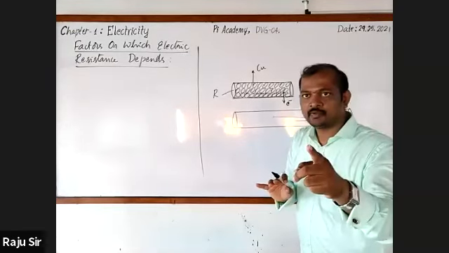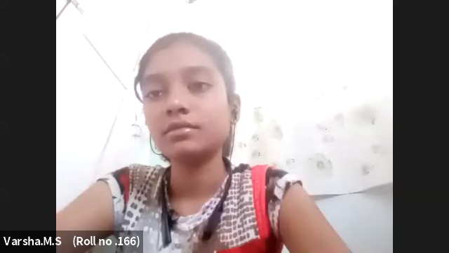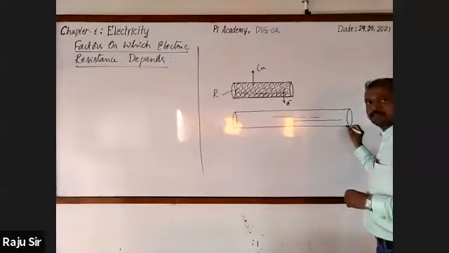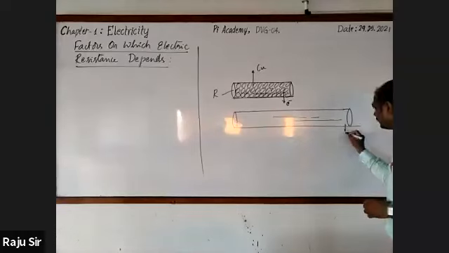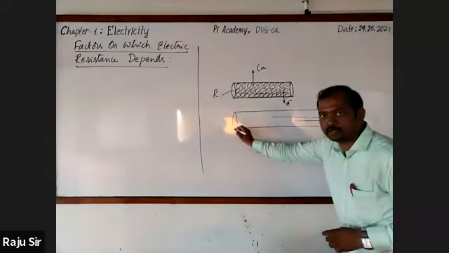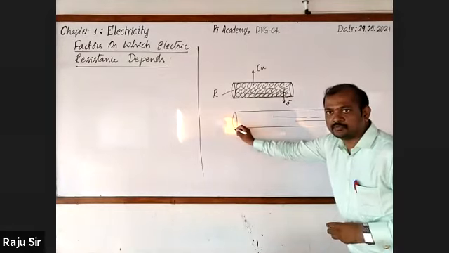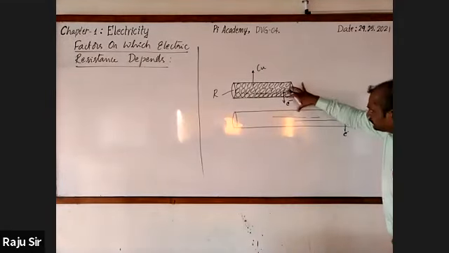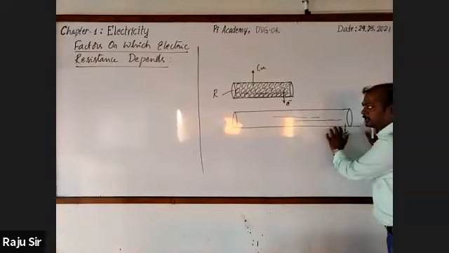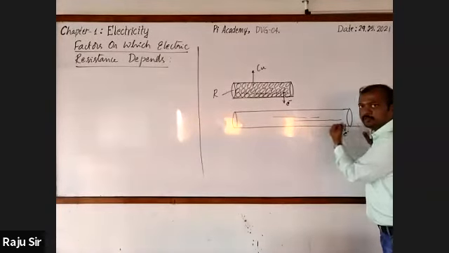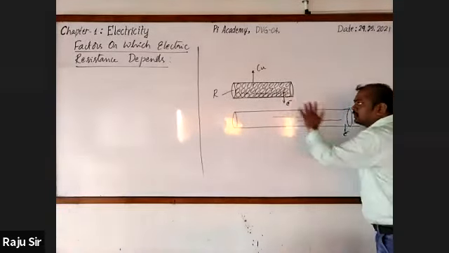Assume that the length of the wire has been increased. Here also one electron will be taken; it has to travel from here to here. Got it? In which of these two will the electron experience more opposition? First one or second?